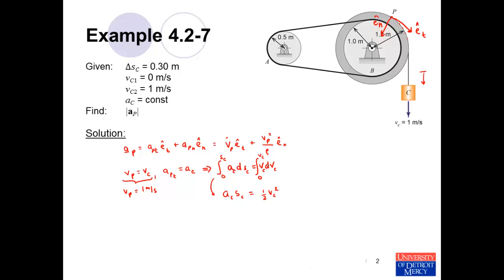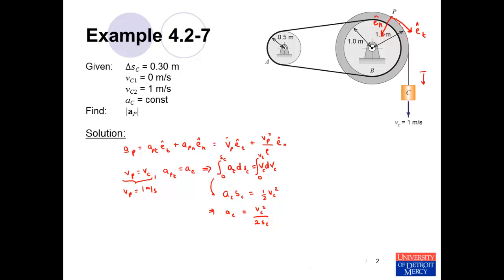Again, evaluated at the upper limit, subtracting the lower limit, which was 0. We get this expression. And so we solve for AC. There we get an expression for the acceleration of point C.